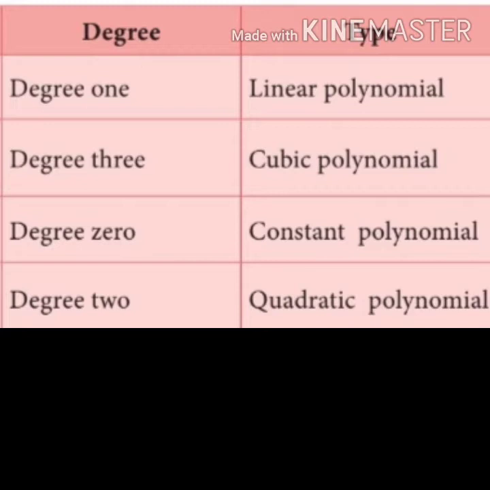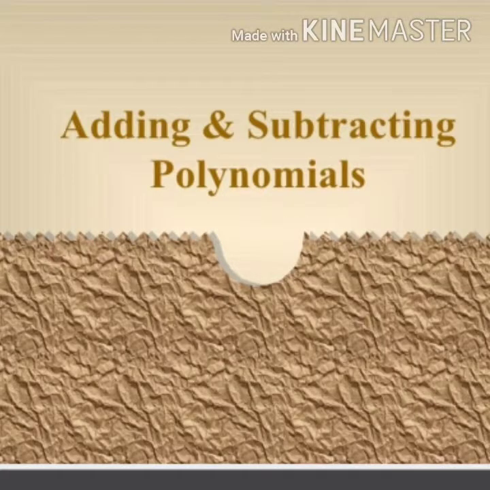If its degree is 0, then it is called constant polynomial. In this class, we are going to study about adding and subtracting the polynomials. How to add and subtract the polynomials? Let's see briefly in the following video.